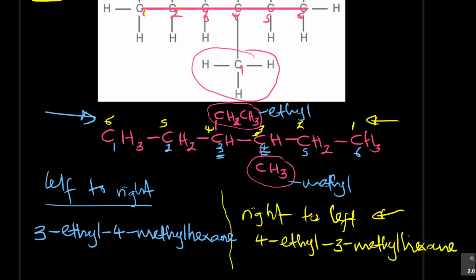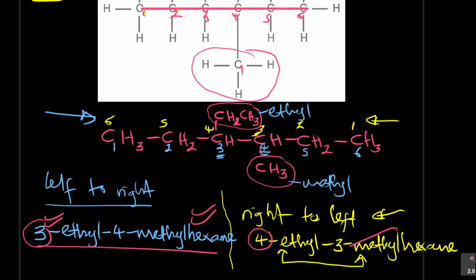And then I say to you, which one takes priority? It's ethyl. Why? Because E starts before M. So this then becomes the wrong one. Why? Because look at it. It's carbon number 4, and then it's carbon number 3. You take the smallest numbering. So the right name is that one. This one is wrong. That's how you do this.